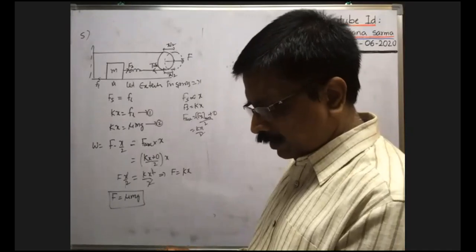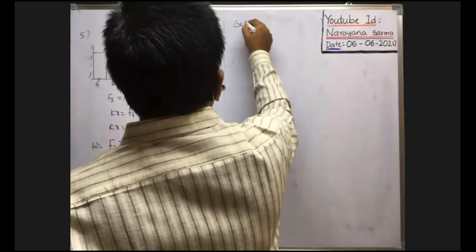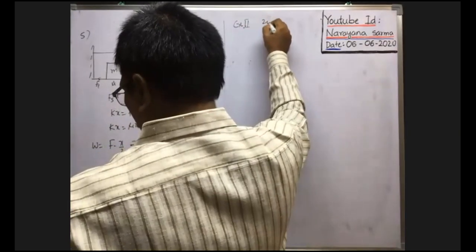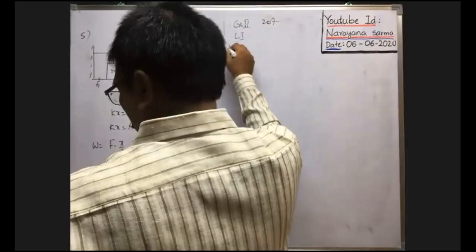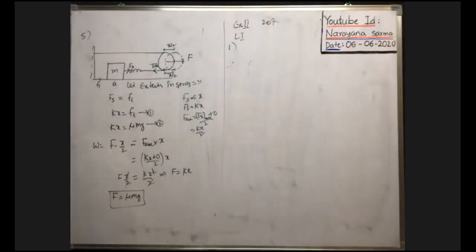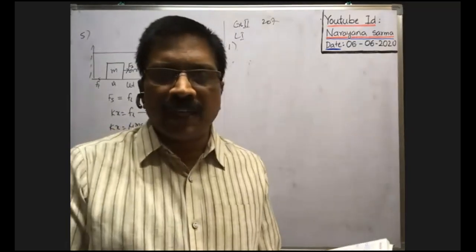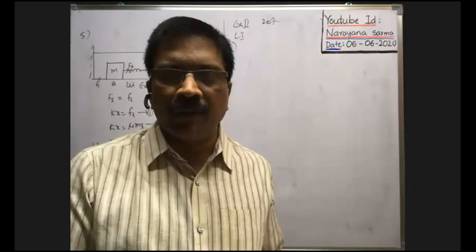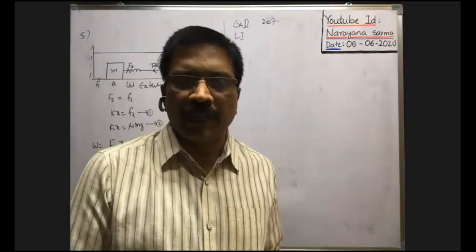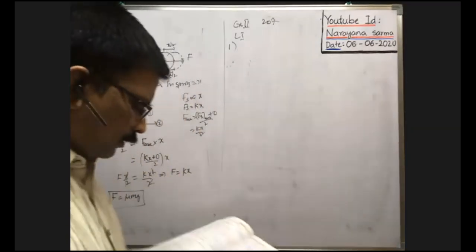Next, I will say in exercise 2, page number 207, level 1, problem number 1. If time permits, I will take the class today, from 4 to 5. Okay, all of you, I will discuss some more problems. Right.